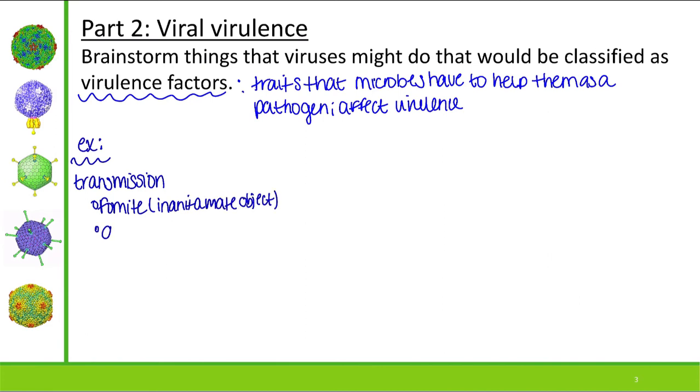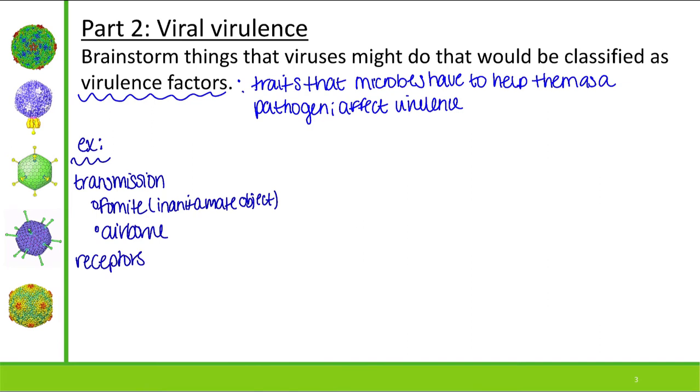Is it able to be airborne? Again, during day 1, we talked about this idea that people are asking, is the coronavirus airborne because of how easily it's being spread? So transmission is definitely something that is going to be a virulence factor that could help a virus as a pathogen.